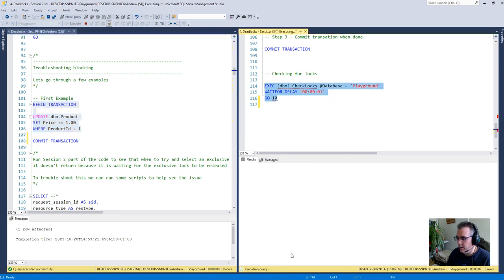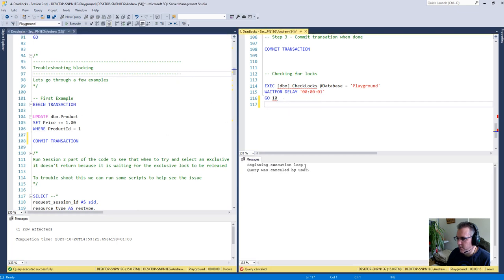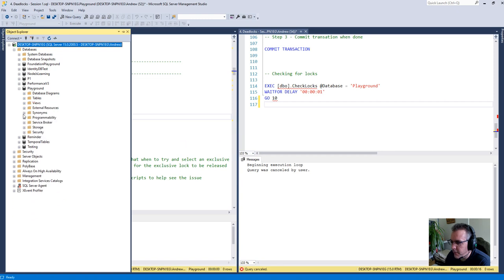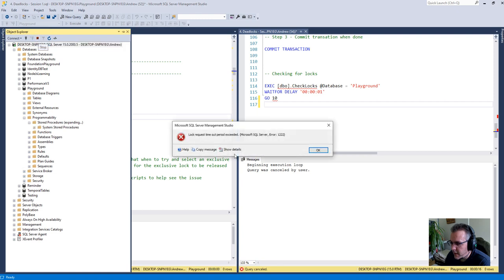This one, transactions, should return. Playground, yep. No, it's not too happy, is it? Query was cancelled. Let me just have a look that it's gone in the right place. Oh, it doesn't look too happy, does it? Locked request.